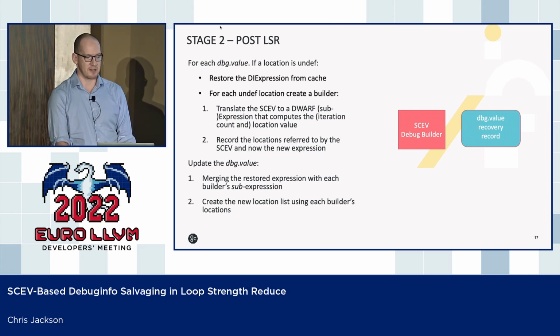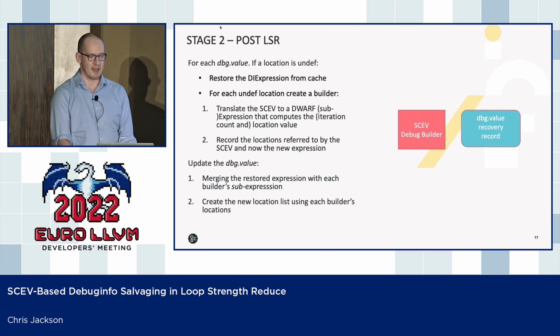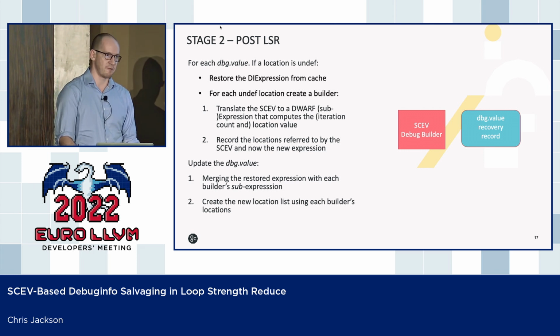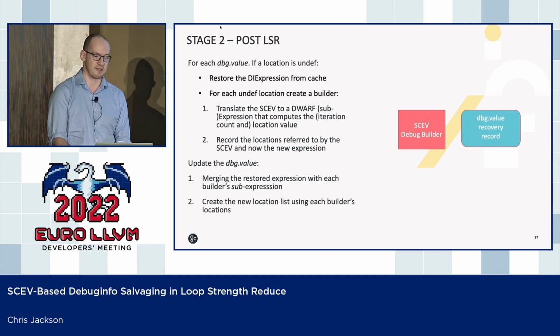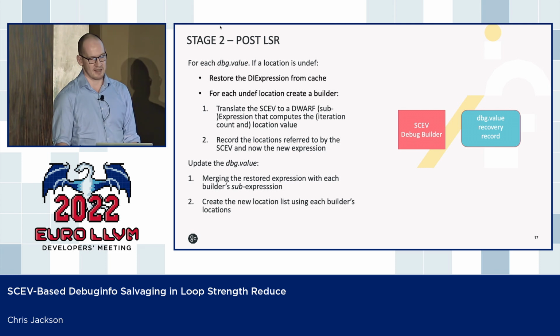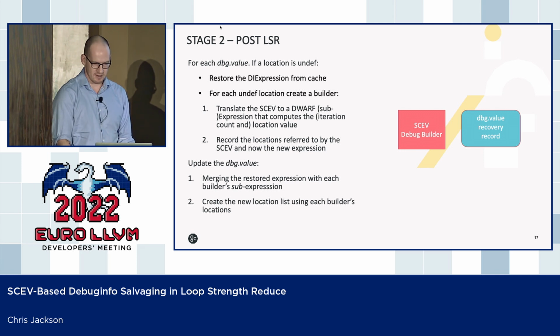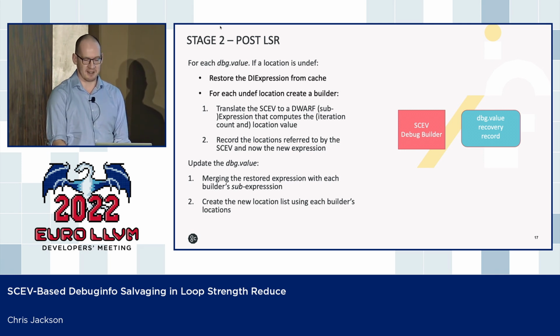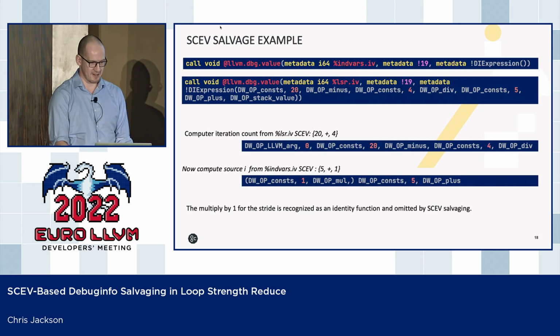So we merge the DWARF sub-expressions into the original expression and update the location argument, which will also entail removing those locations that were optimized out and are now undef, and adding the locations that have been added in the new DWARF expressions that were derived from the scalar evolution expressions.